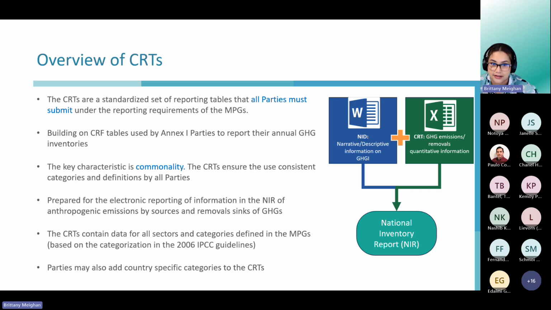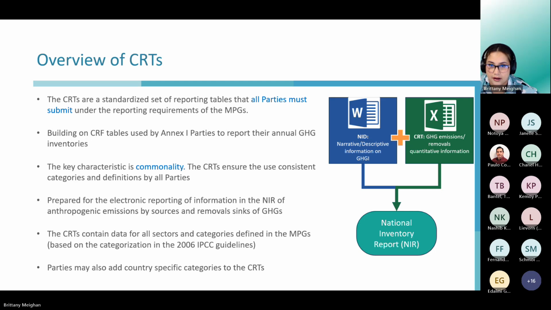So it is mainly to capture what are the comparable elements between countries reporting, and it helps to dispel any confusions that could potentially arise from a purely narrative document.